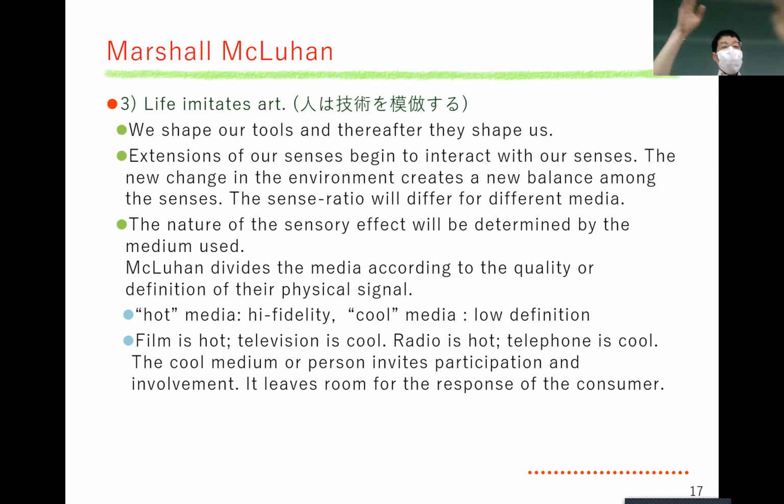When we create some tools, mainly for communication, then the tool shapes us. So the extension of our senses begins to interact with our senses, because we create tools to perceive something. So our sensory system also changes.